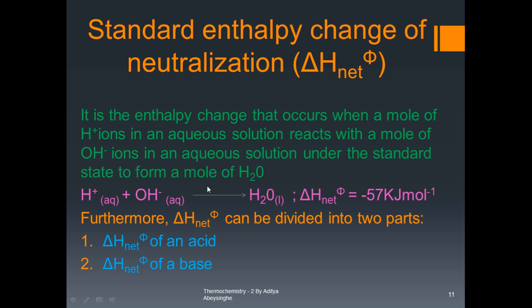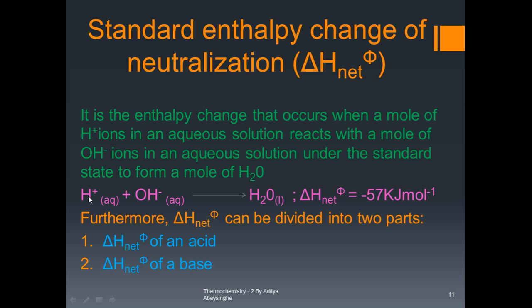So the standard enthalpy change of neutralization, as its name implies, describes the neutralization reaction for a particular chemical change. Now you know what is meant by neutralization. Neutralization involves an acid reacting with a particular base and forming liquid water, which means liquid H2O, right?